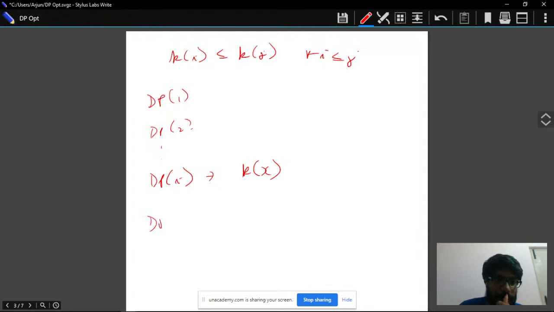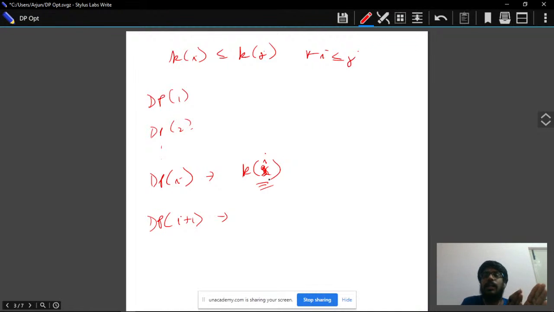Now when I want to come to dp of i plus 1, the point is I don't need to start my j for this dp of i plus 1 all the way from 1. Instead I can just start it from k of i, because I know k of i plus 1 is greater or equal k of i. So if for dp of i, cutting at 5 was the best option, then for dp of i plus 1, cutting at 4 or 3 or 2 or 1 is not going to work, because we know that we need to cut only later.